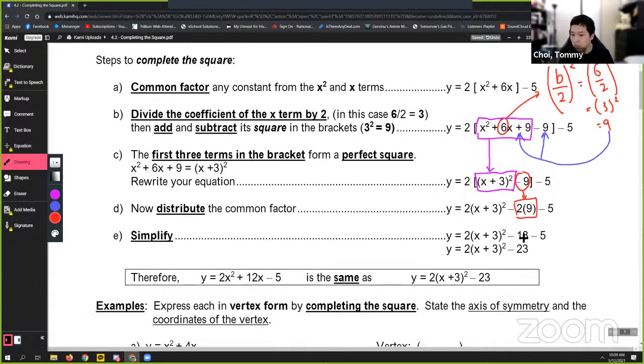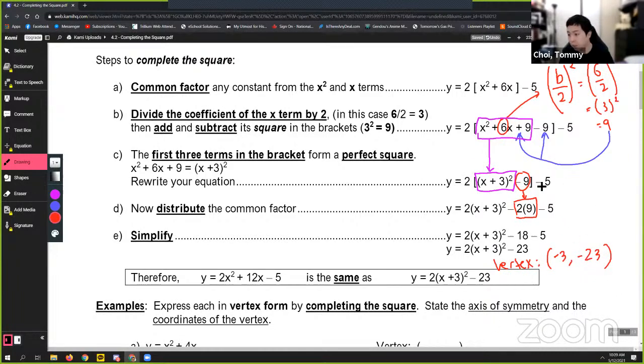The rest of the step is to just simplify. So it seems a little complicated, I know, which is why I'm going to go through it one more time for you, right? And once you get to the end, this is where you can say, oh, the vertex is here, -3, -23. So that's how you get the vertex.